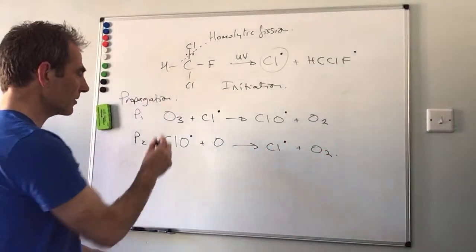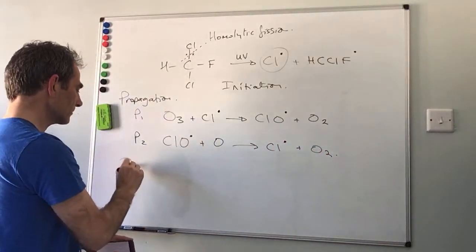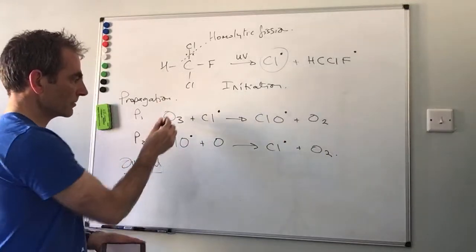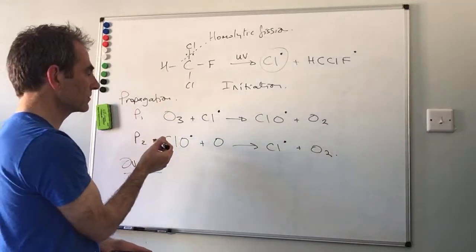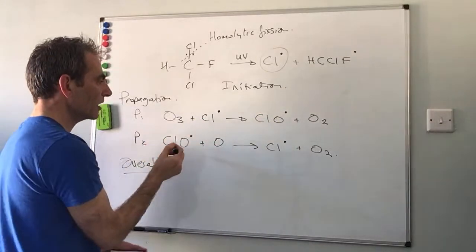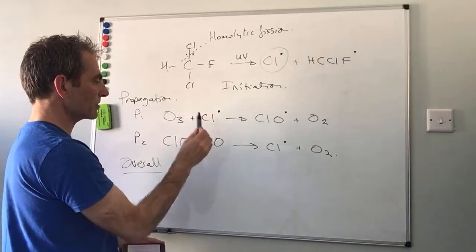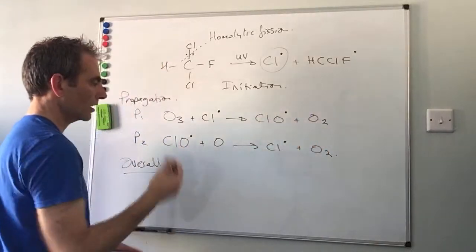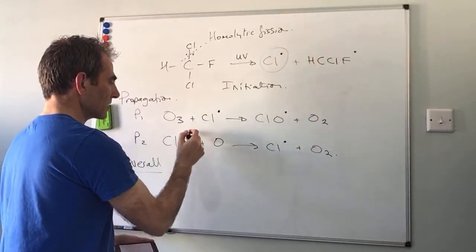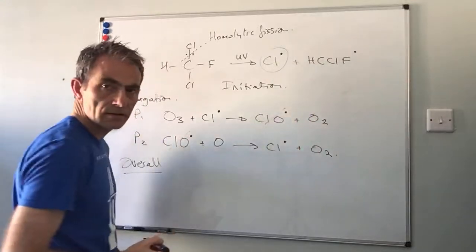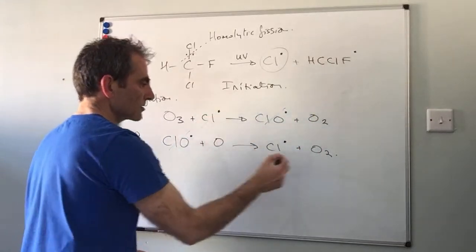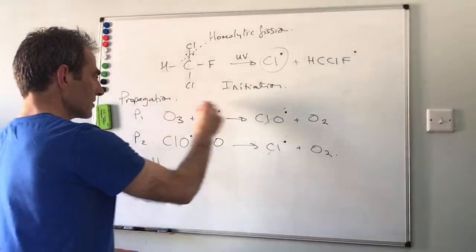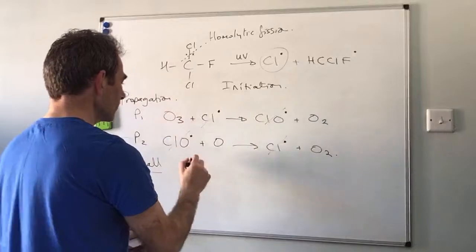So you can see that the overall reaction is the sum of these 2, so basically we just add these 2 equations together. You can see that we're going to have that plus that plus that plus that gives that plus that plus that plus that. And hopefully you can see that the ClO radicals will cancel and the Cl dots will also cancel. And so therefore, what's the overall upshot of all of this?